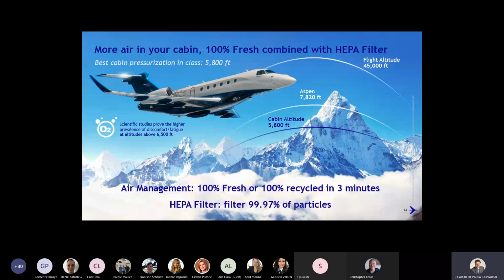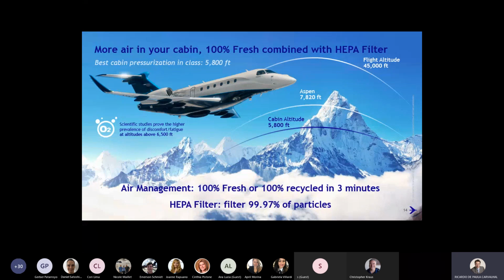I mentioned cabin altitude in my first slide. What does that mean? Cabin altitude is the altitude you feel inside the cabin compared to the altitude you would feel if you were on Earth, let's say, right? The cabin altitude of the Praetor 600 and 500 is 5,800 feet.